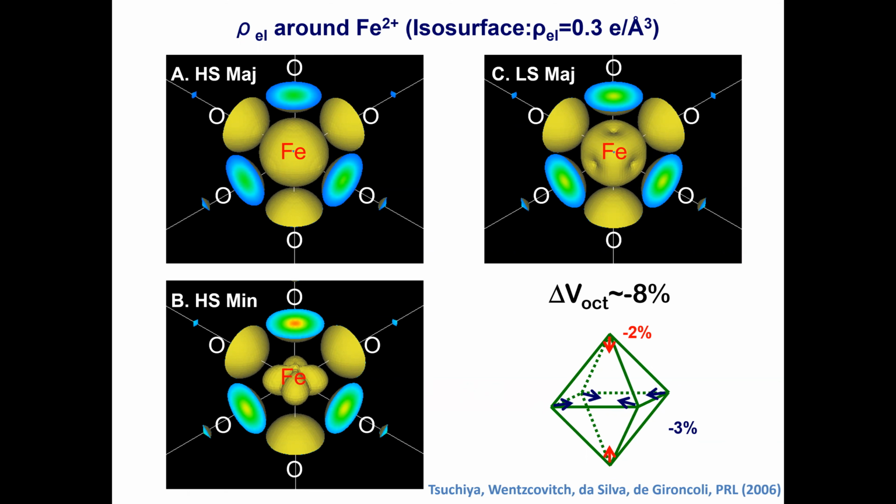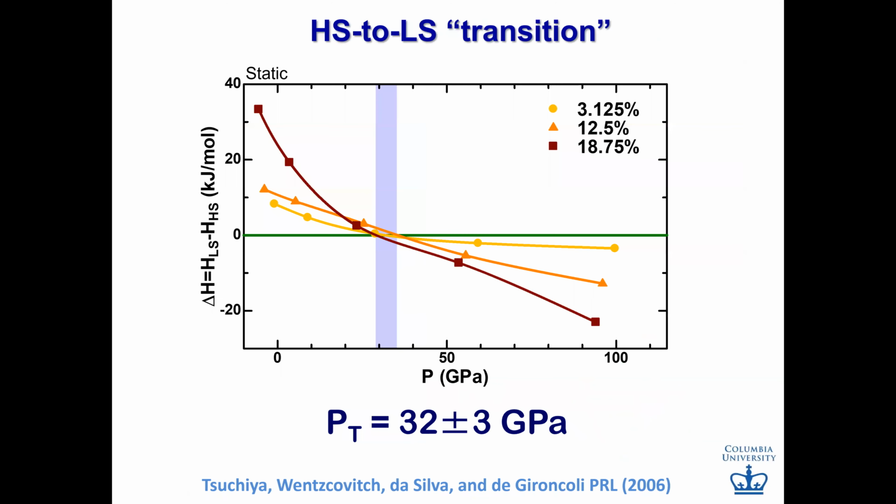When you go from high spin to low spin, there is a huge volume contraction of 8% that affects the compression curve, compressibility, etc. And this is what I'm going to talk about. So we conducted supercell calculations on 64 atoms with different iron concentrations and calculated the enthalpy of high spin and low spin states versus pressure.